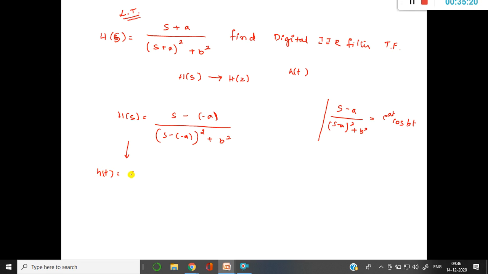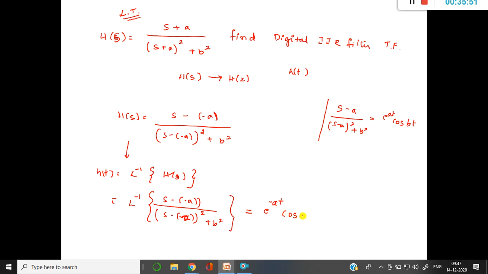Therefore h of t is equal to the inverse Laplace of H of s, that is the inverse Laplace of (s minus of minus a) divided by (s minus of minus a) the whole square plus b square. I can write it as e to the power of a replaced with minus a, that's it: e to the power of minus at times cos of bt. Now I got my inverse Laplace transform here.